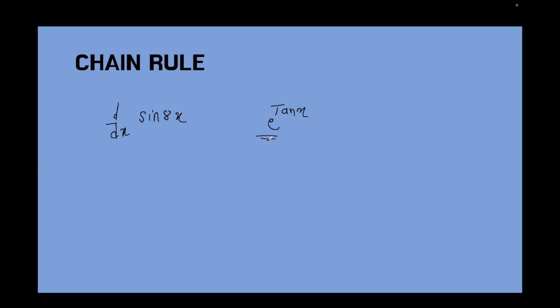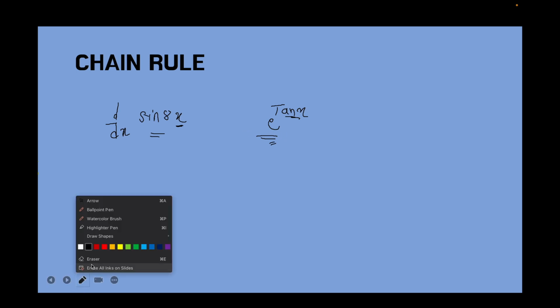Now, what is the problem in this? Differentiation of e power x you know, but e power tan x you don't know. Differentiation of sin x you know, but you don't know the differentiation of sin 8x. So, in order to differentiate these types of functions, there is a rule called the chain rule. What is that chain rule? We'll understand.